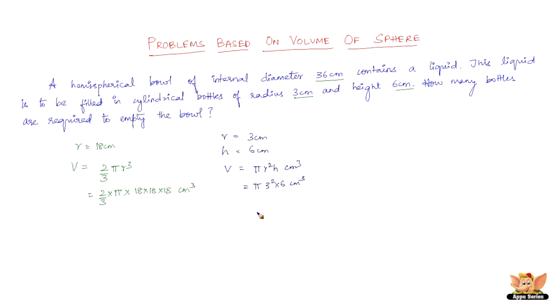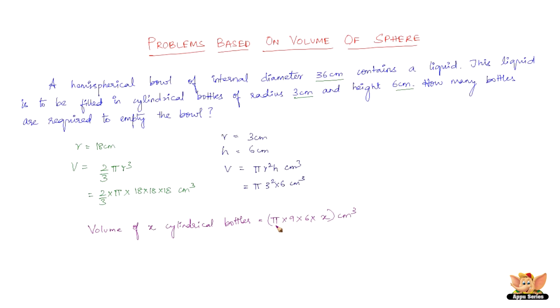Now, let us say that we need x bottles to fill that liquid. So in that case, if you need x bottles to fill the liquid, then the volume of x cylindrical bottles will be equal to pi into 9 into 6 into x centimeter cube.